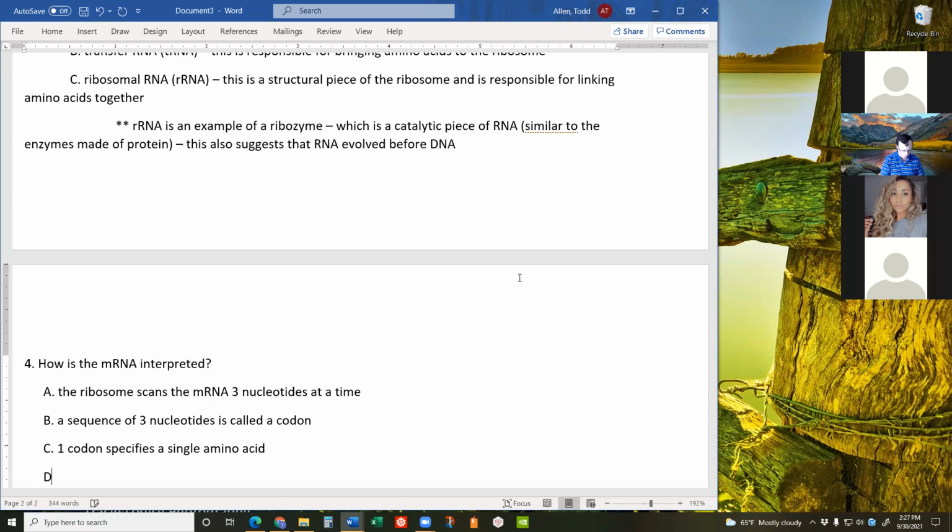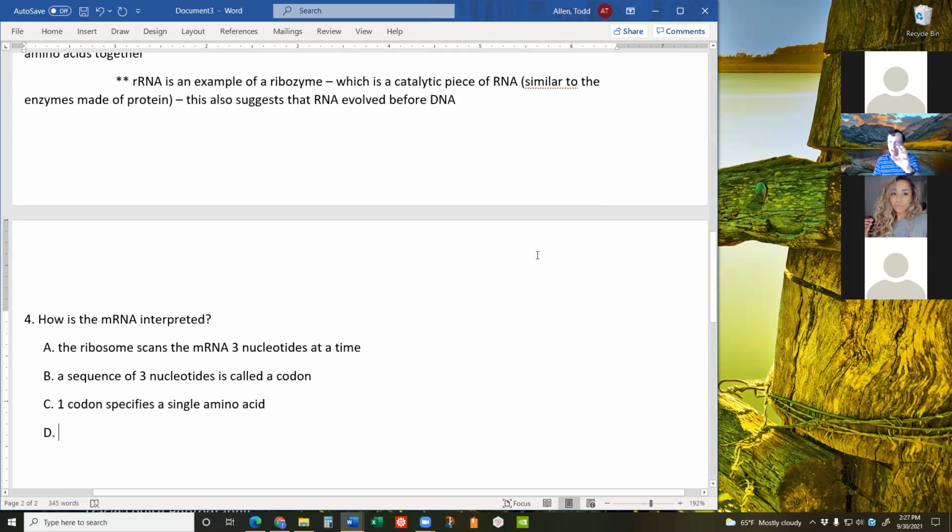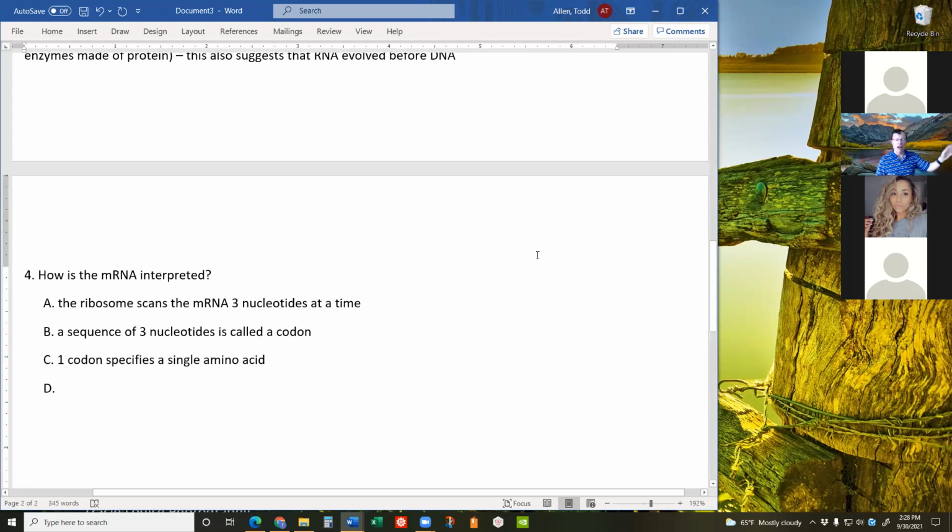Well, how does the ribosome know what these sequences of codons are specifying? Well, this refers to the genetic code.